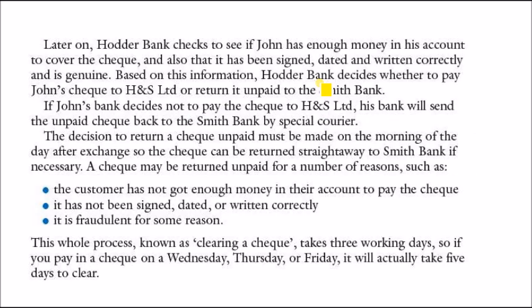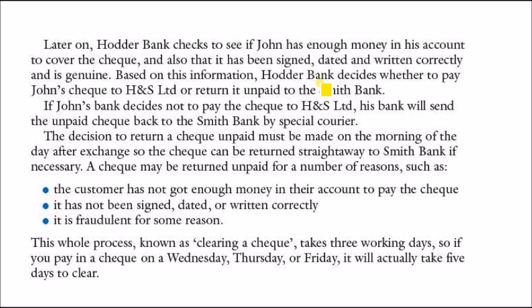Later on, Hodder Bank checks to see if John has enough money in his account to cover the check, and also that it has been signed, dated and written correctly, and that it is genuine.